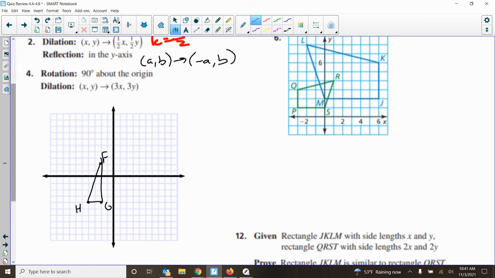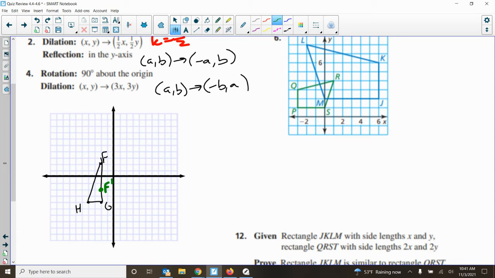All right, 90 degrees about the origin. There's that 90-degree rotation again. We're going to say, again, (a, b) goes to (-b, a). Let's plot that in green. F is negative 2, 2, so F prime will go to negative 2, negative 2. That'll be F prime.